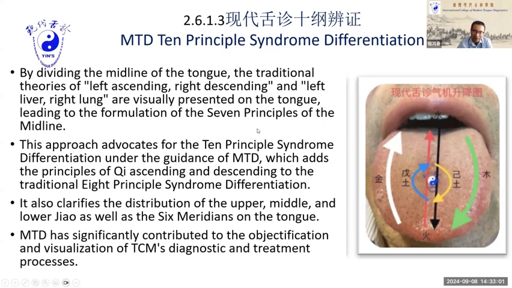In MTD, we use 10 principles syndrome differentiation instead of 8 because it added the 2, qi ascending and descending. So this made our differentiation more accurate.